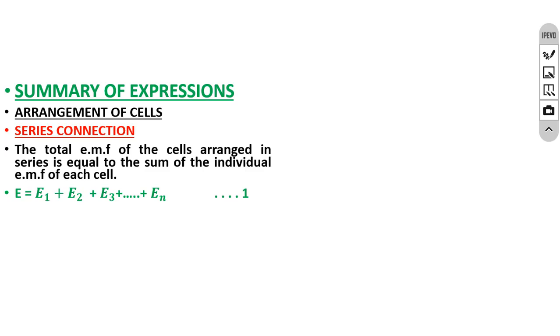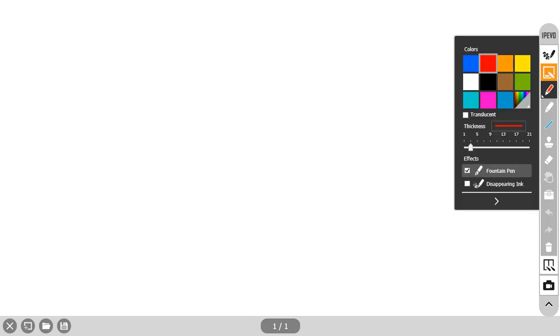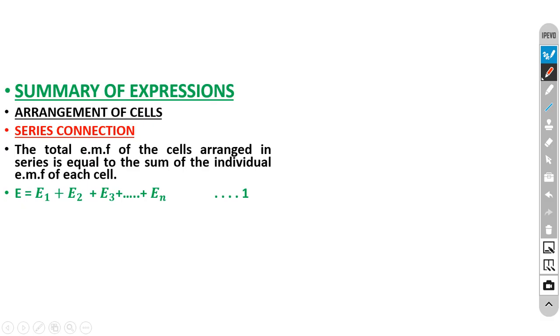So if we have 3 different cells or more and we arrange them in the series order, then the total EMF would be an addition of the EMF of each of those cells when you put them together, and it is illustrated in equation 1 here.